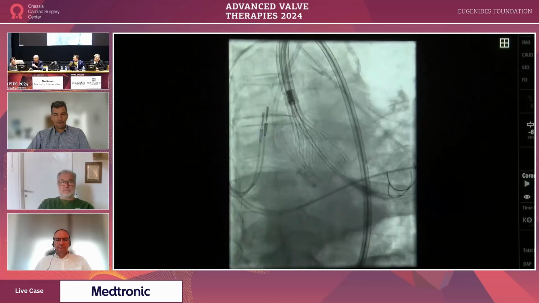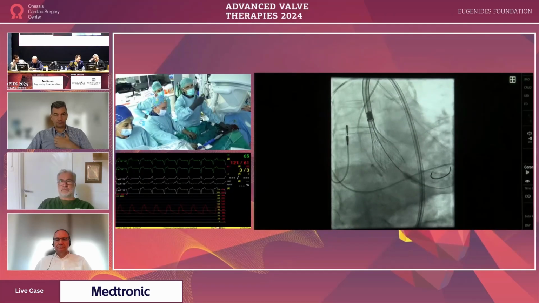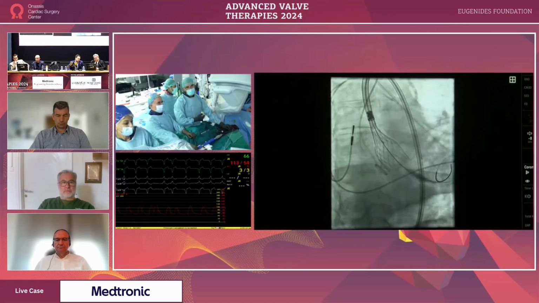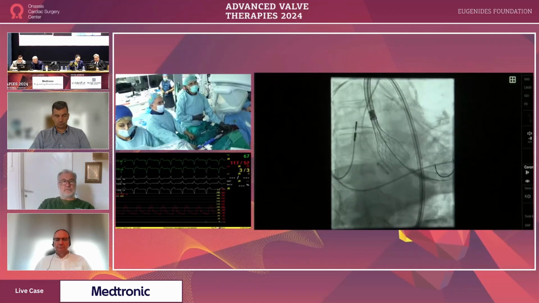So we are contemplating, Arik, with Vasilis, and maybe we can discuss, if it's a valve with no pacemaker inside, we would leave it here. But maybe since we have the pacemaker, we can have an extra protection to place it a little bit lower, maybe aim 2 or 3 millimeters lower. What do you say, Vasily? Yes. Arik, do you agree? I totally agree.